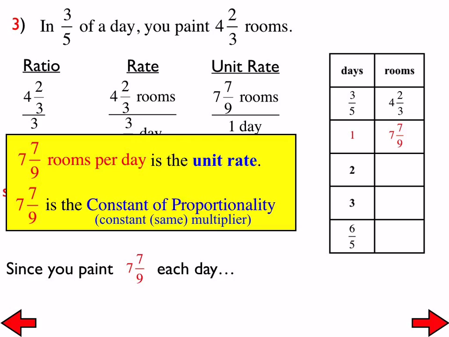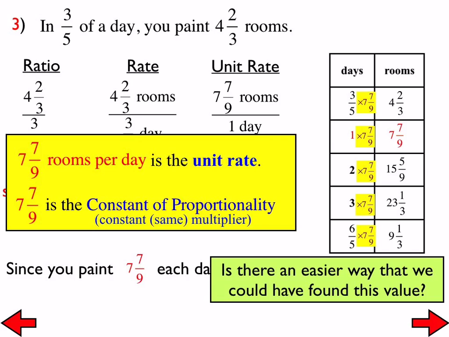And make sure you fill that in for every single one of these problems, okay? So for 2 days, multiply by 2 because that's the constant multiplier. That's 15 5/9 rooms. For 3 days, multiply by the constant multiplier. That's 23 1/3 rooms. And for 6/5 days, multiply by that, and that's 9 1/3 rooms.